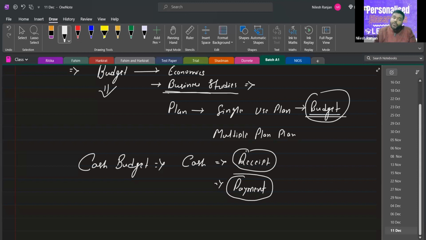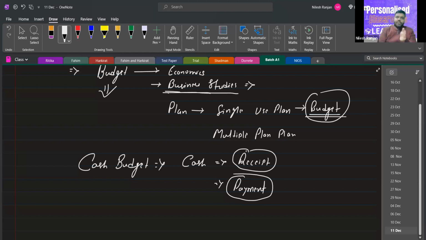And for preparation of cash budget, this cash flow statement will help us because on the basis of past data, you prepare the future estimates. Yes or no? If you have to expect your future performance, then someone will see your past performance so that they will analyze things.